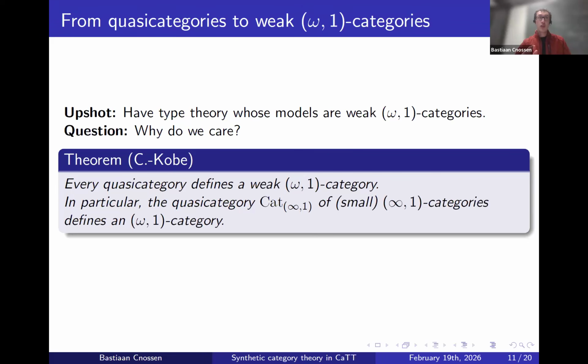All the times you would like to write an equality, what you do instead is write down a map, and then you also have a map in the other direction, and then co-inductively you require a lot of coherences. It's the weakest possible notion of omega-1 category.